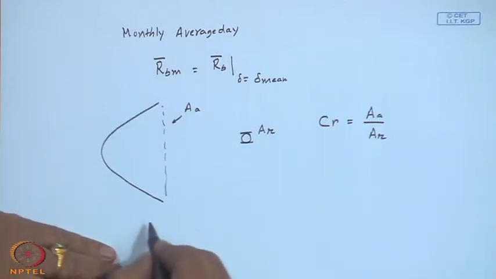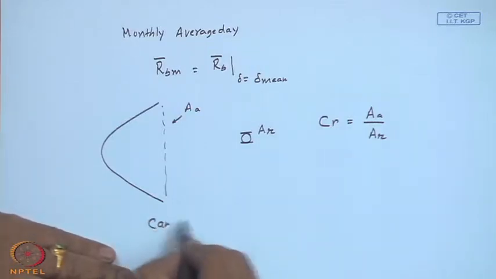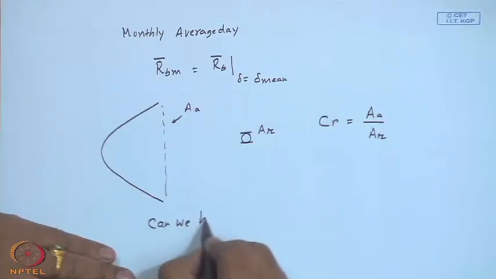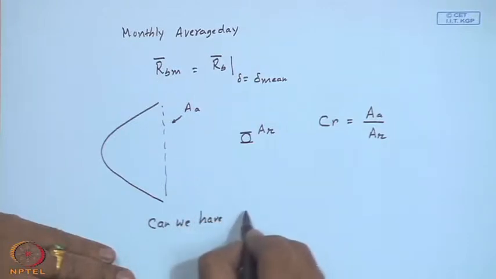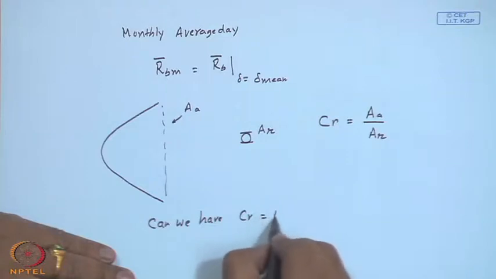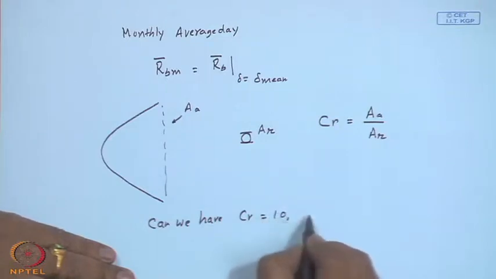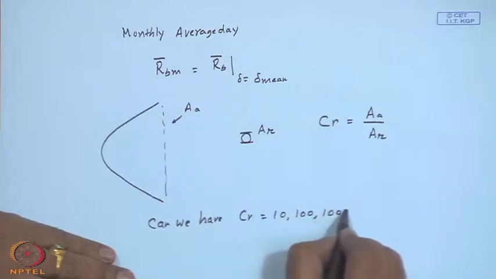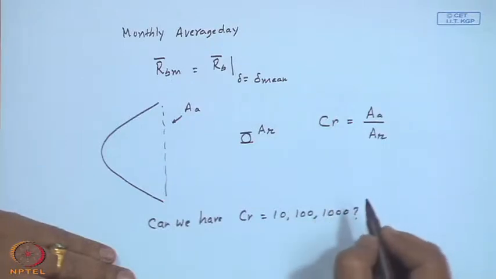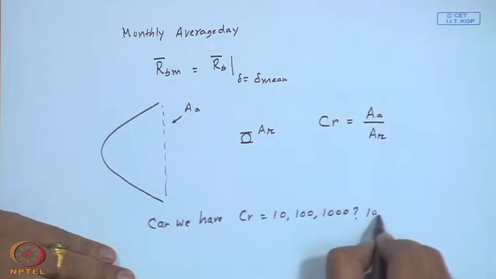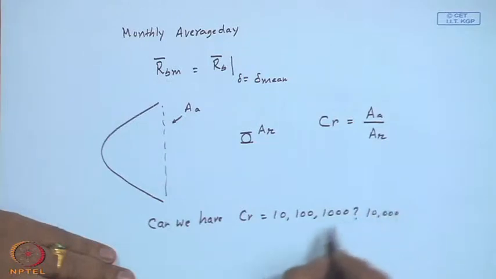Now, can we have CR 10, maybe yes, 100, yes, 1000, question mark, 10,000, or is there a limit?